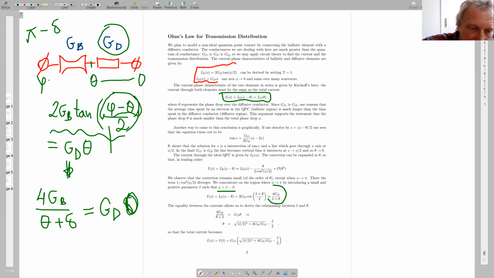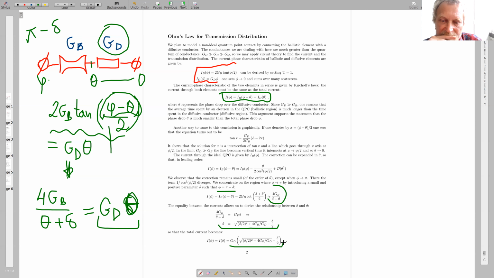Yeah, zeta, of course. Which can be solved because this is a quadratic equation for zeta. We solve it for zeta and immediately get the current as a function of phi. Okay, here we do it. We solve the quadratic equation and we write the total current.